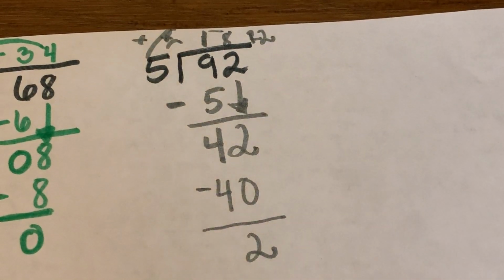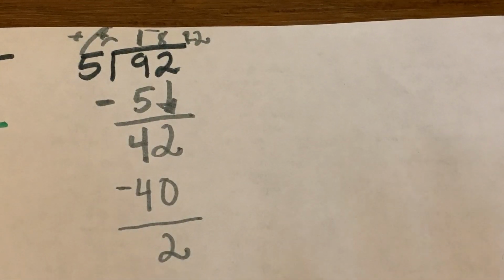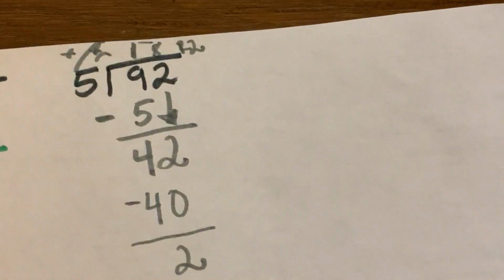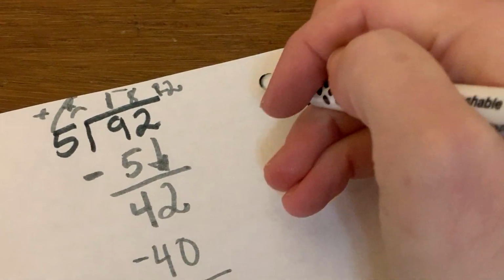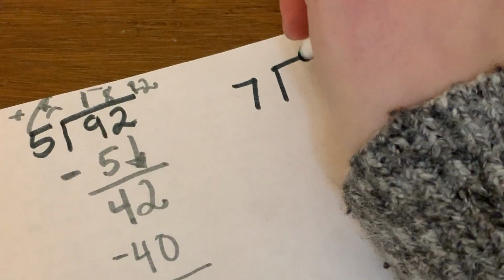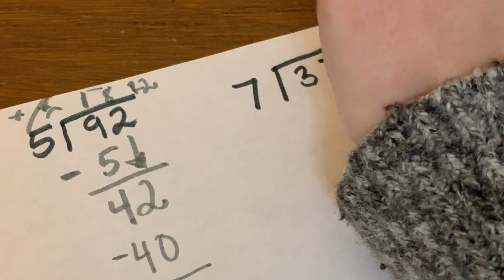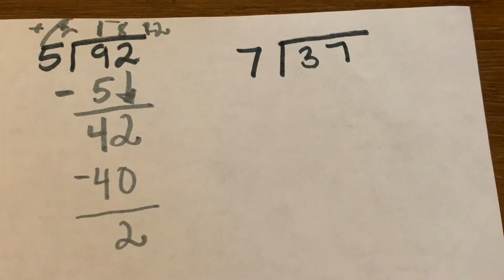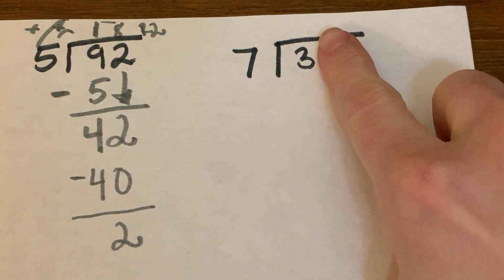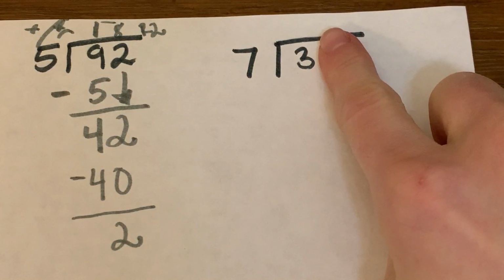Okay, let's do 2 more warm-ups. Let's go ahead and do 37 divided by 7. Go ahead and see what you get there. All right. 7 cannot be multiplied by anything to equal 3.